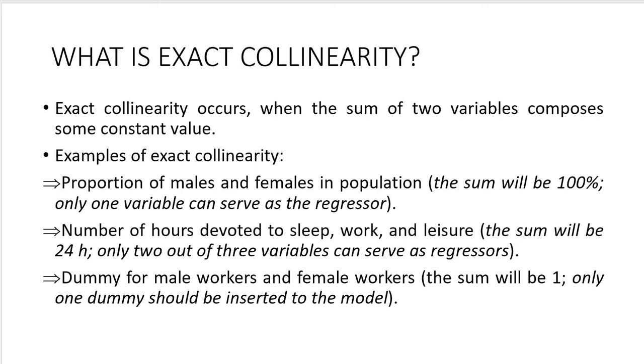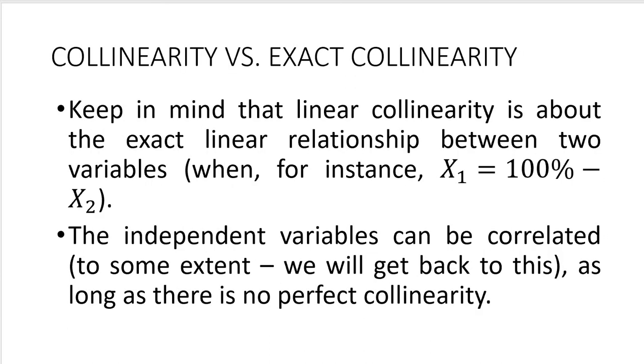Dummy for male workers and female workers. Again, the sum of these variables will always give you 1. So that's why only one dummy variable can be added to the regression model as the independent variable. And of course, we have to distinguish between collinearity and exact collinearity.